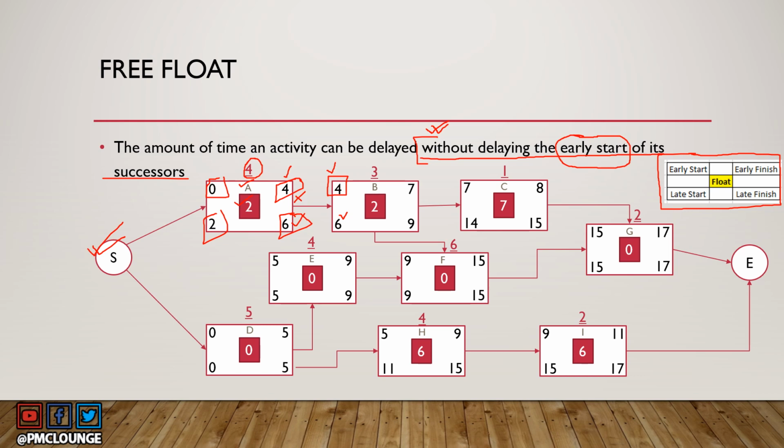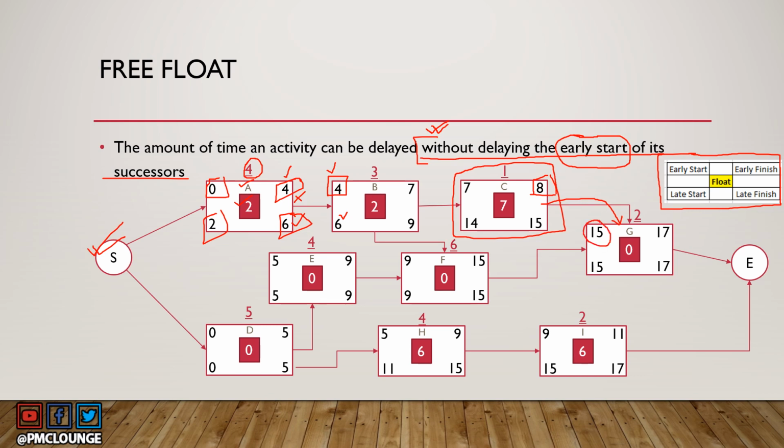So if you see the other activities in this diagram, you can find one here, activity C, which has certain free float in its hand, because you have 8, which is the early finish for C, but the early start for the successor activity of C, which is G, is 15.